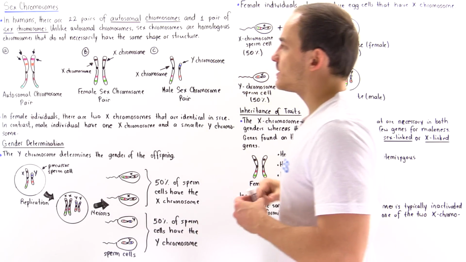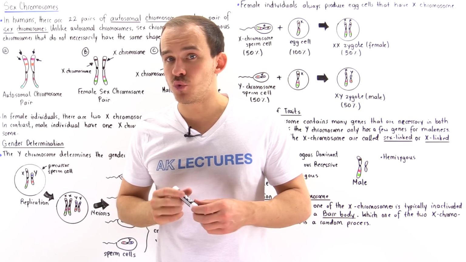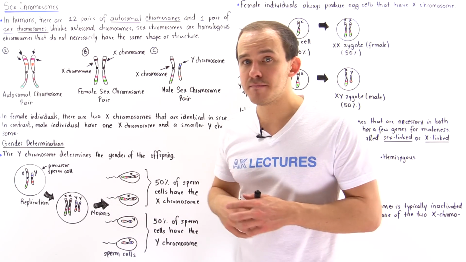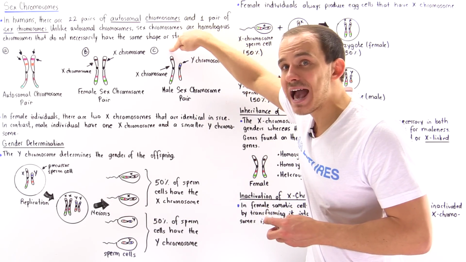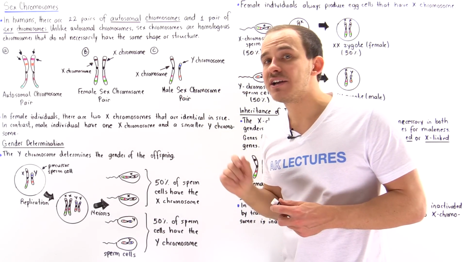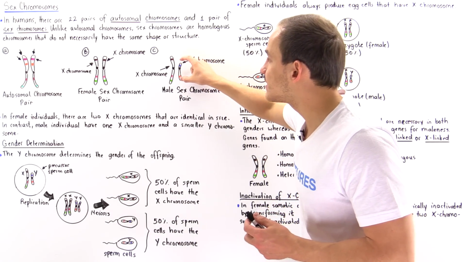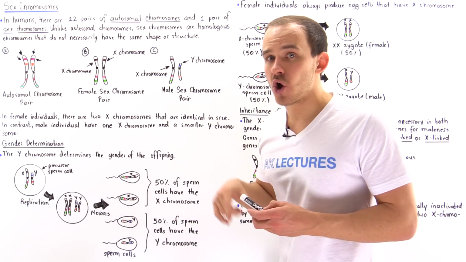Now, what about C? In C, we describe the situation in male individuals. In males, unlike in females, we only have one X chromosome, and the other sex chromosome is called the Y chromosome. Notice, it's much smaller in size and has a slightly different shape than the X chromosome.